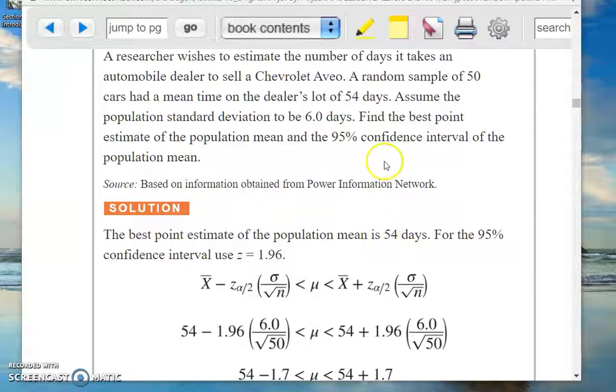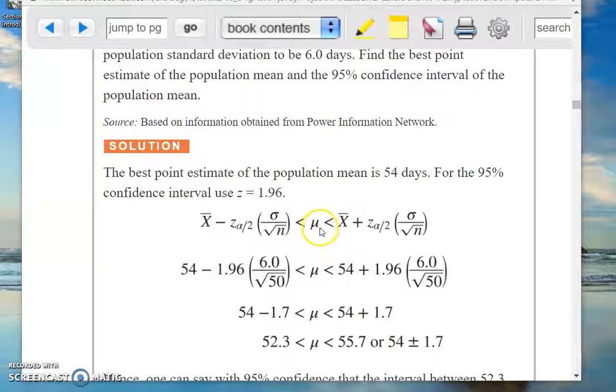The interval we're looking for is: the mean of the population, in other words mu, is somewhere between X bar, the best point estimate, plus the margin of error, and the best point estimate minus the margin of error. So it's in this interval of X bar plus or minus the margin of error.